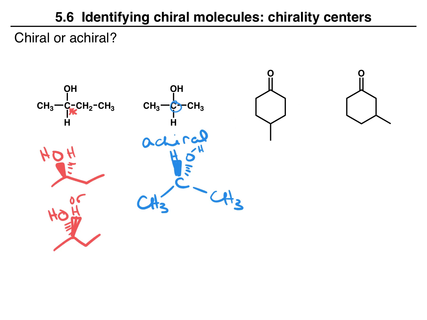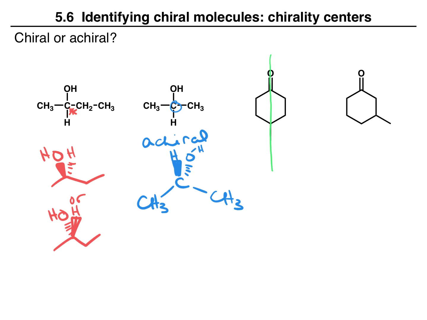Looking at our third example, this one might be kind of obvious: we have a plane of symmetry that goes right through here. Alternatively, we could try to look for a chirality center. This is the only carbon that we might think about. It's connected to a hydrogen that's not shown and a methyl, that's 2 different groups, and then it's connected to this part, which is the same as this part, because it's completely symmetric, so it is not connected to 4 different groups.